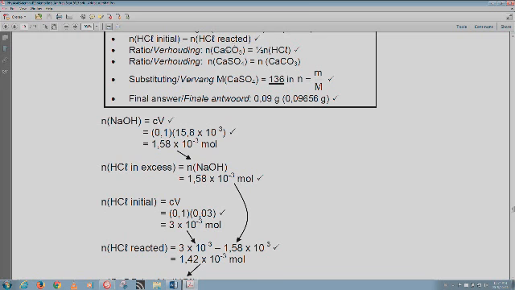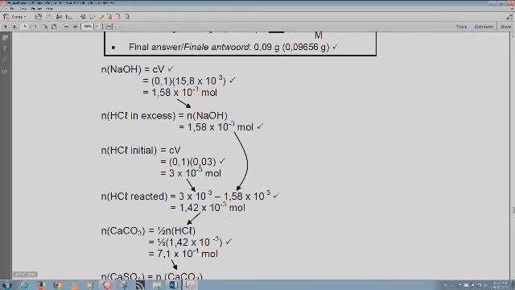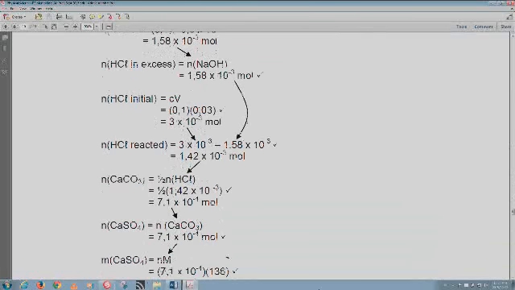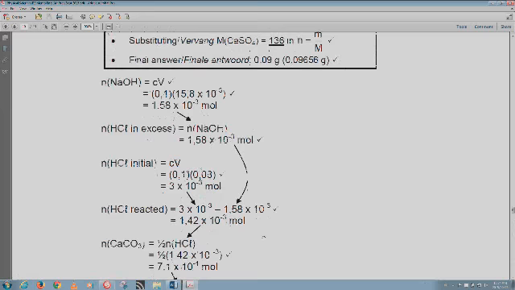And then the ratio there of calcium carbonate and HCl, the learner will get a mark, the correct ratio. And then the ratio of calcium sulfate and calcium carbonate is a mark.